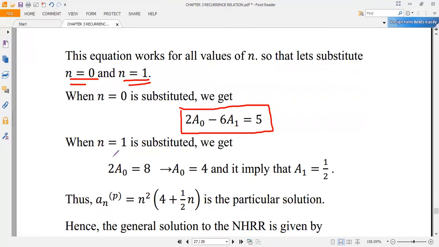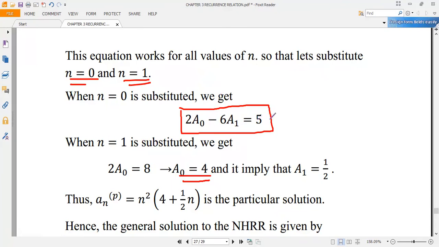When you substitute n equals 1, you will get 2a0 equals 8. So a0 becomes 4. Substituting 4 here, which becomes 8, and subtracting it from 5, you'll get 6a1 equals minus 3.